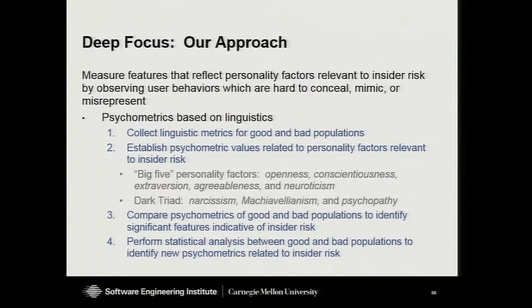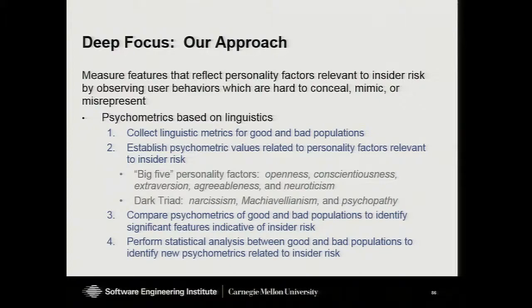And there's been research done by psychologists for years that link the way that people use language to their personality characteristics. So we leverage that to analyze data sets of people sending email to do analysis on personality factors.